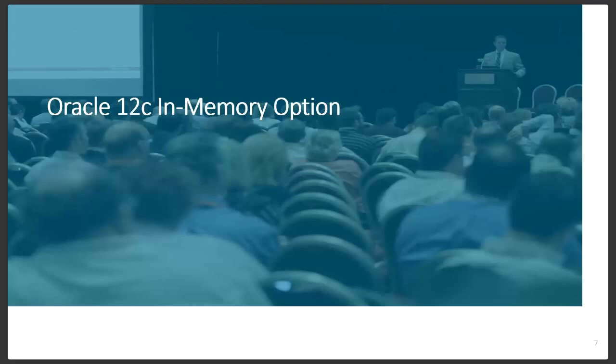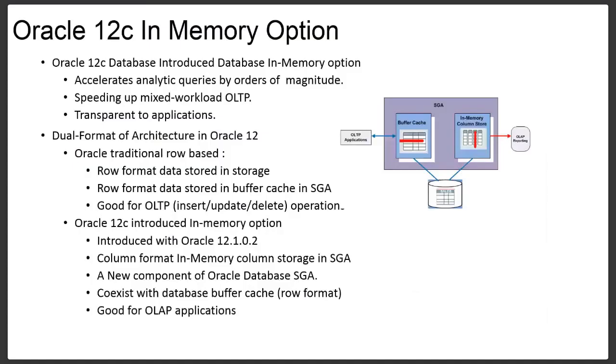The purpose of the in-memory option is mainly to accelerate analytical queries with a big performance boost, but it also tries to help mixed workloads, such as databases that run both OLTP and OLAP. The performance improvement for OLTP databases is indirect, compared with the direct improvement for OLAP. So how does it improve OLAP applications?